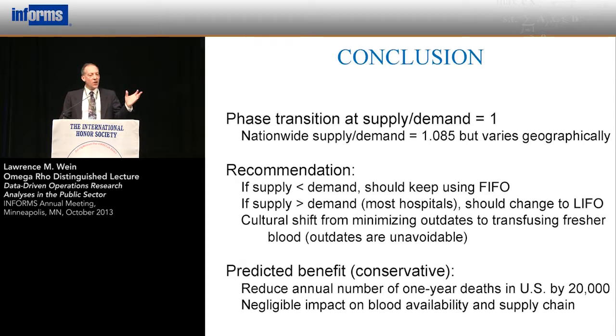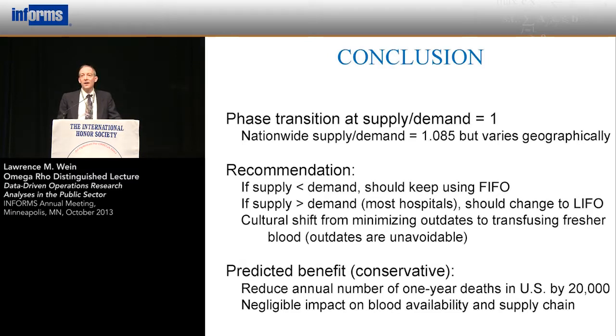This requires a cultural shift from minimizing outdates, which is what the people who run the system think about, to transfusing fresher blood. I've had phone conversations with the chief medical officer of the American Red Cross, and it takes me a while to get them to internalize the fact that if you have 8% excess blood, you're going to throw away 8% of the blood regardless.